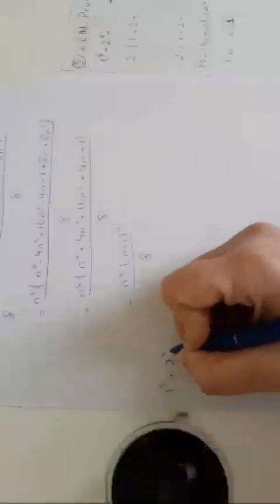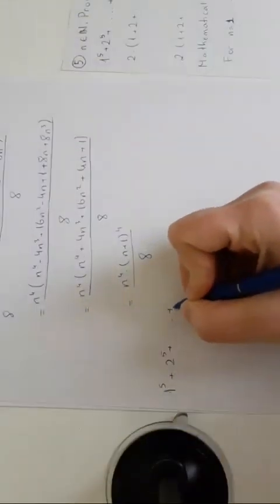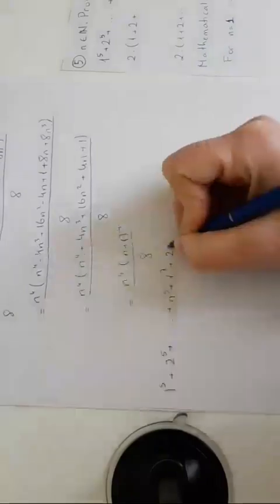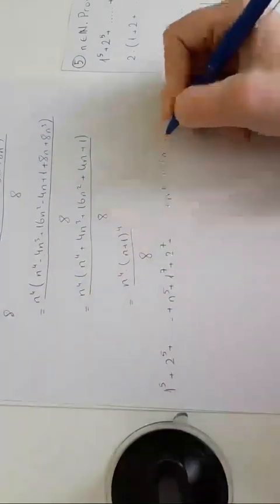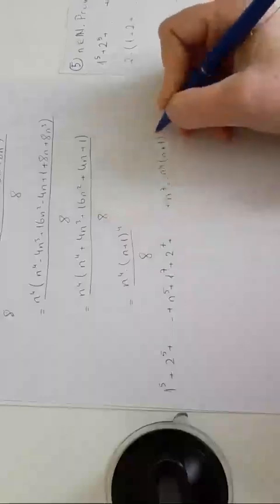And here we are continuing with the question: 1 to the power of 5 plus 2 to the power of 5 till n to the power of 5, plus 1 to the power of 7 till n to the power of 7, is equal to n to the power of 4 times (n plus 1) to the power of 4 over 8.